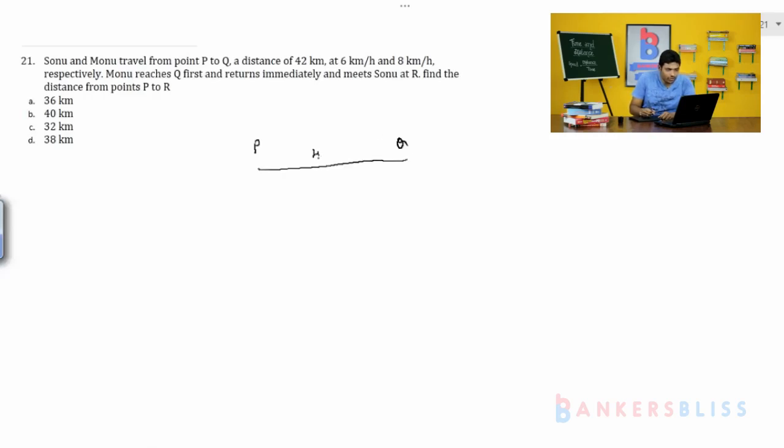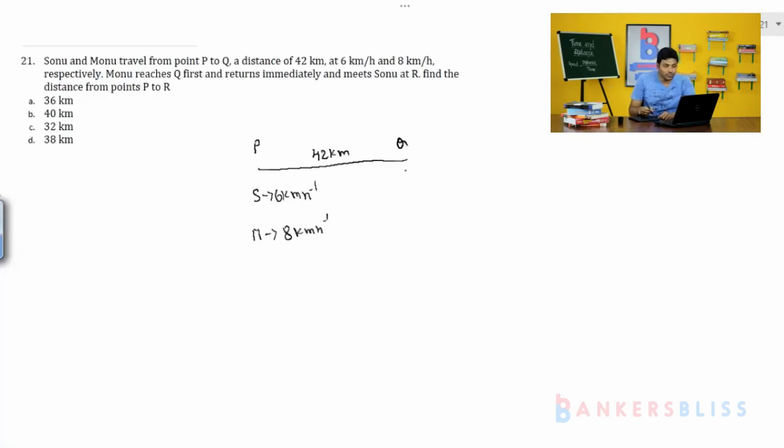Sonu travels at a speed of 6 km per hour and Monu travels at a speed of 8 km per hour.